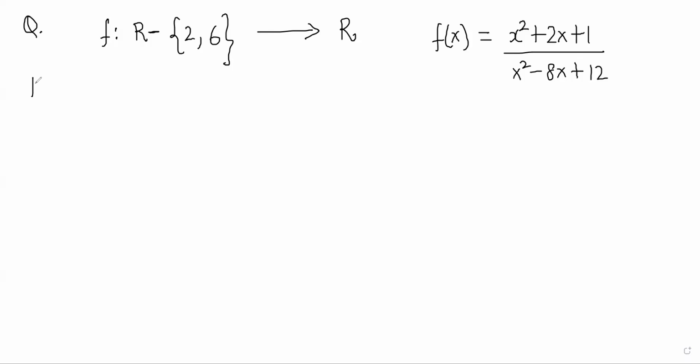You have to find the range of f. When somebody says something like this, what does it mean? 2 and 6 will not be in the domain, because obviously you can see that 2 and 6 are roots of the denominator. So find the range of this function basically.